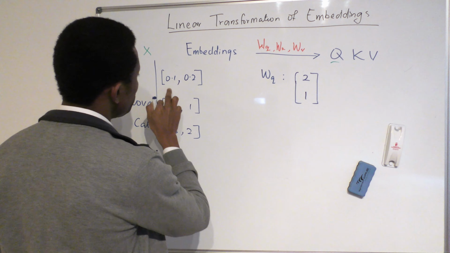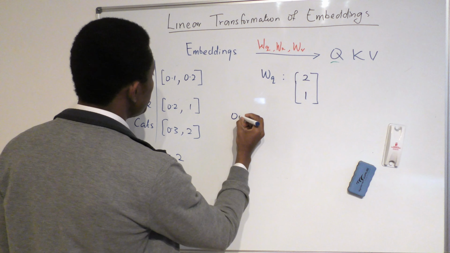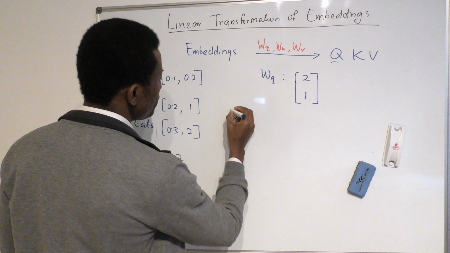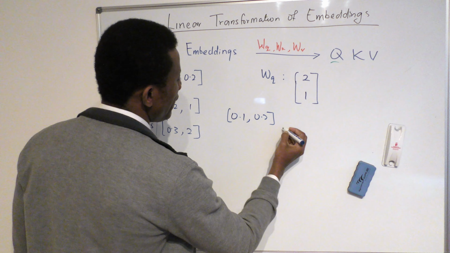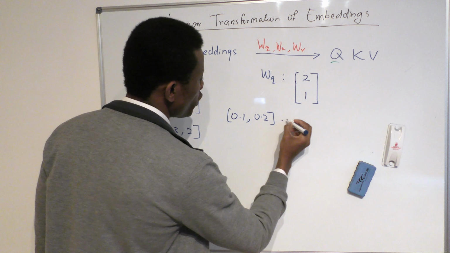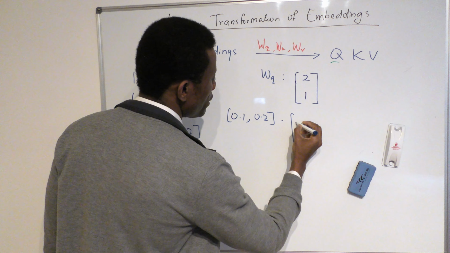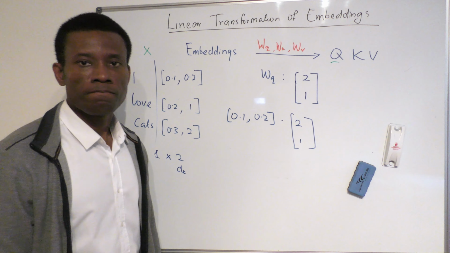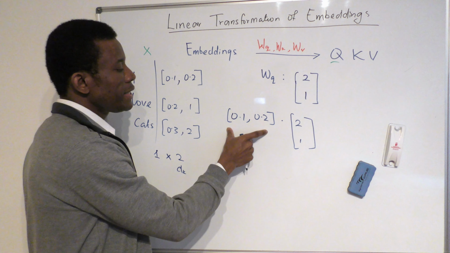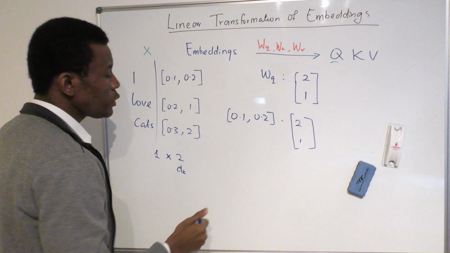So for this one we have 0.1 and 0.2, and we are trying to dot it with 2, 1. So what are we going to have?